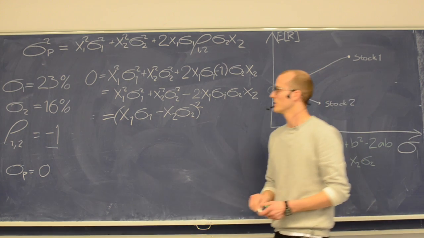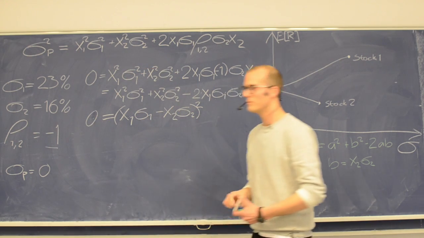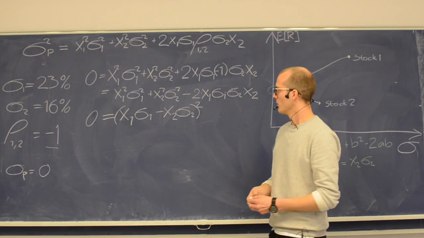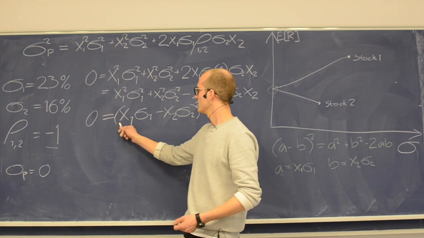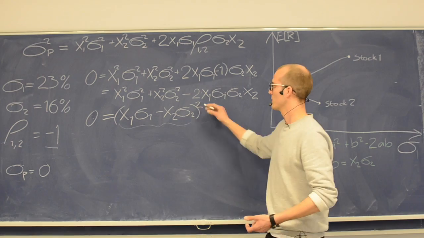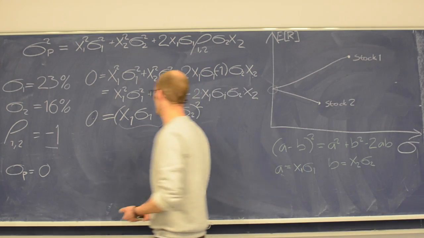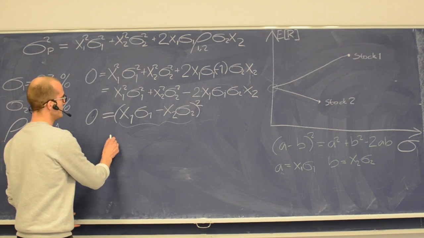Now it looks a bit simpler. We know that this expression should be 0, and the only way for this to be 0 is if the inside is 0. So we can take the square root, because the square root of 0 is 0, so that doesn't matter.